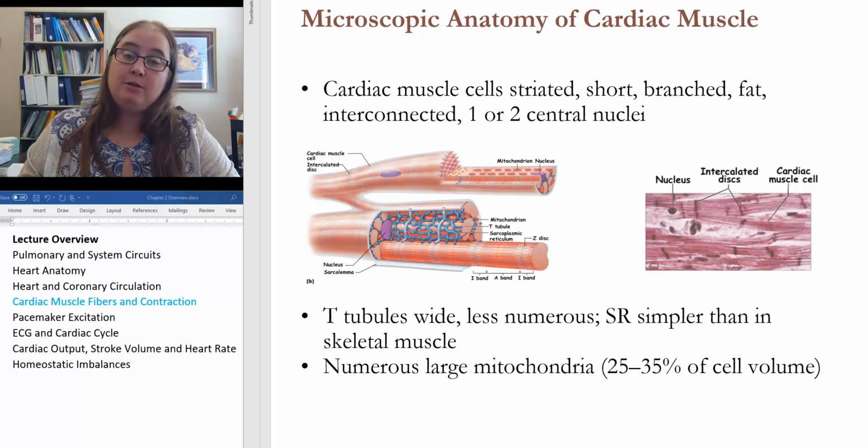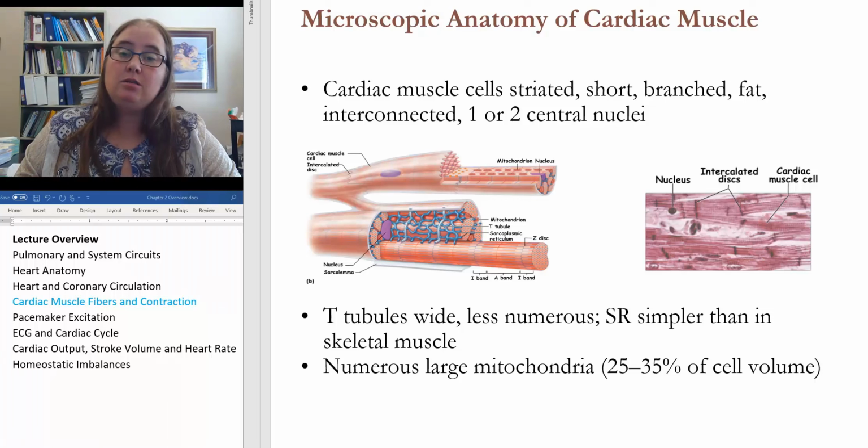So our skeletal muscle was striated, and those striations came from the presence of actin-myosin. Our cardiac tissue is also striated, which tells us that we have a structural organization very similar to our skeletal.